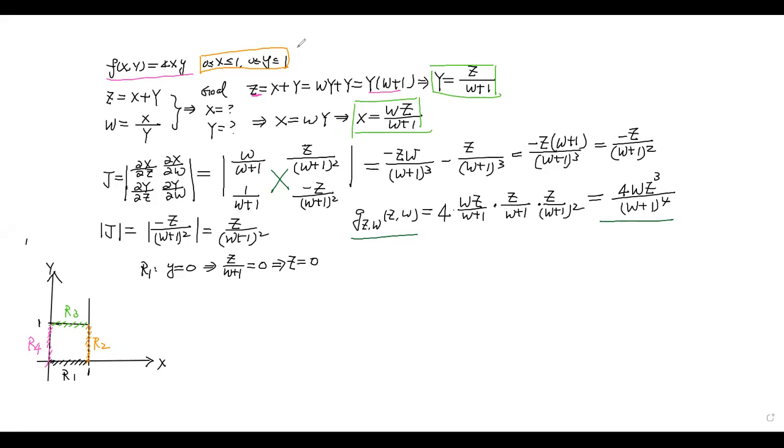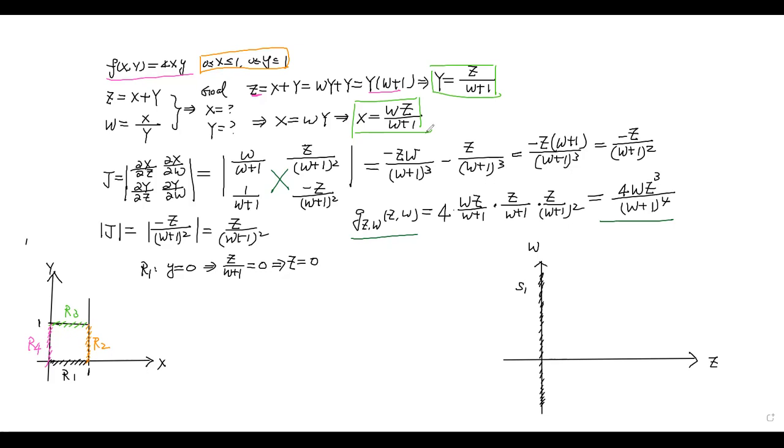All right, so now I'm going to graph my new domain. So for the first one, we find z equal to 0. If this is my z-axis and this is my w-axis, then z equal to 0 means R1 transfers to this new domain. I will call this S1.